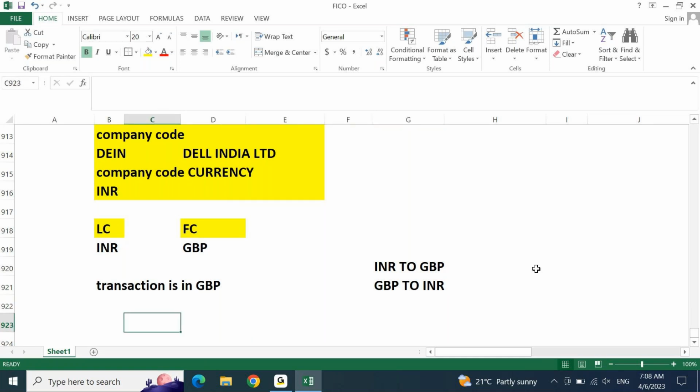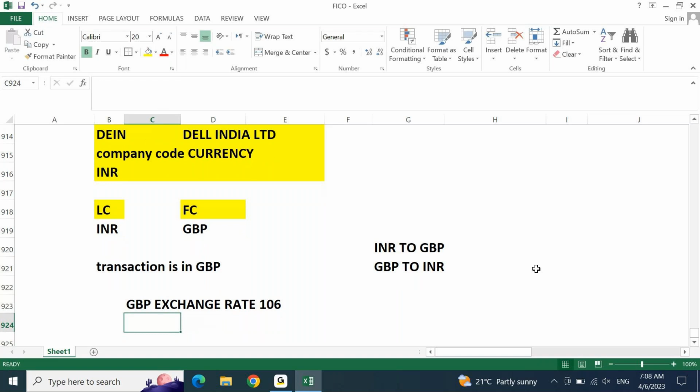Let's say the GBP exchange rate is 106. Whenever you are talking about an exchange rate, it is always the FC to LC or foreign currency rate.